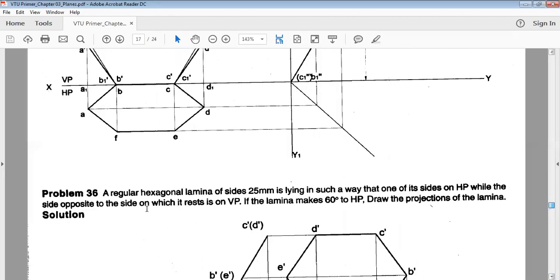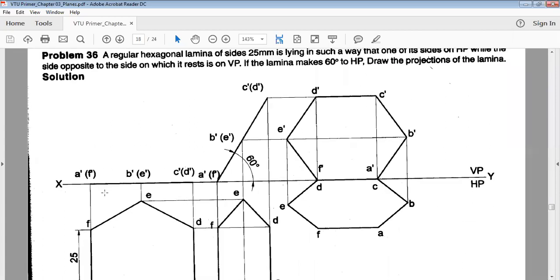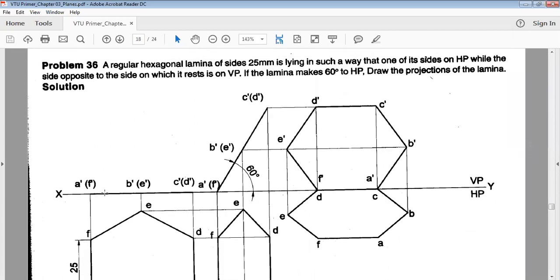So here you just look at this problem number 36. A regular hexagonal lamina of sides 25 mm is lying in such a way that one of its sides is on HP, while the side opposite to the side on which it rests is on VP. If the lamina makes 60° to HP, draw the projections of the lamina. So what is being given in this problem?